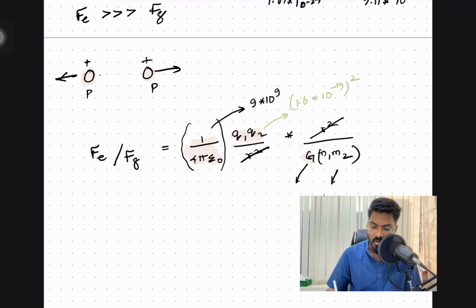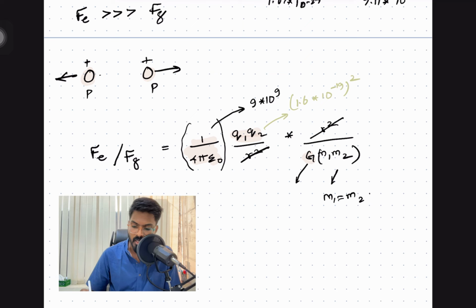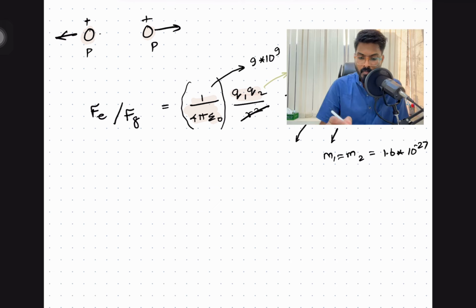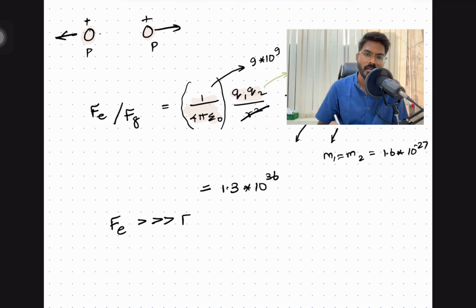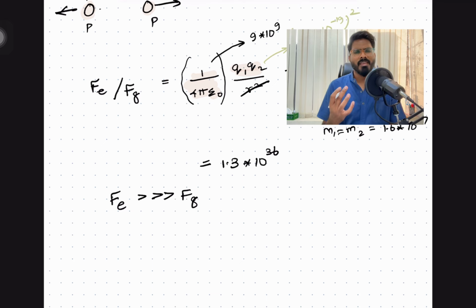So m1 and m2 both equal 1.6 into 10 to the power minus 27. Now if you solve for this, you get 1.3 into 10 to the power 36. So yet again we prove that the force due to the electric charges is much greater than the force due to gravity.